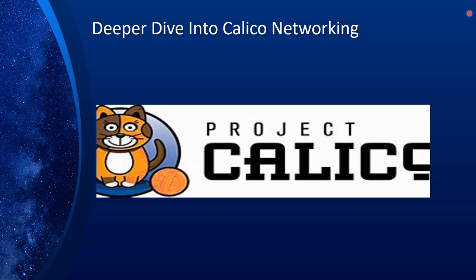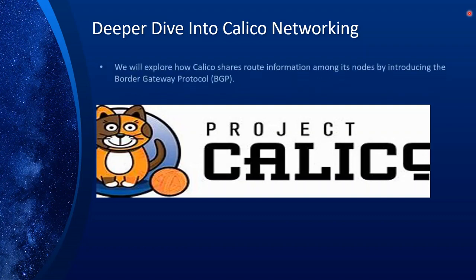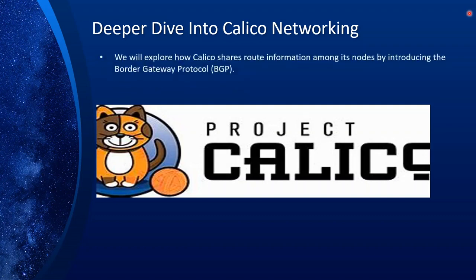But there is a lot more to Calico, and we don't have to discuss everything in this session, but I'm going to talk about a couple of things here. First, we will explore how Calico shares route information amongst its nodes.